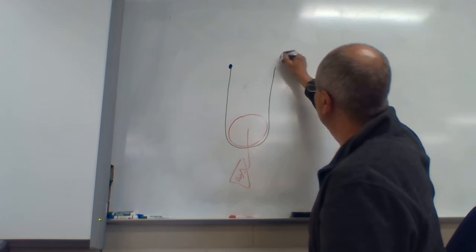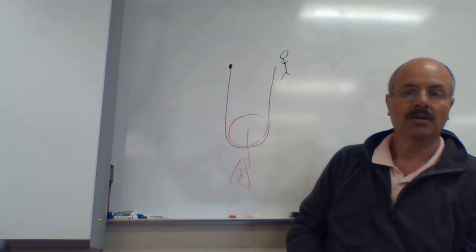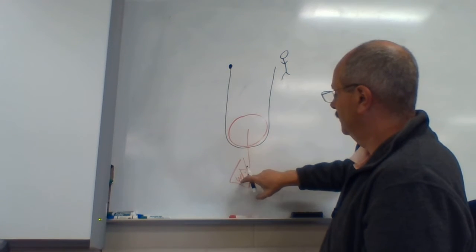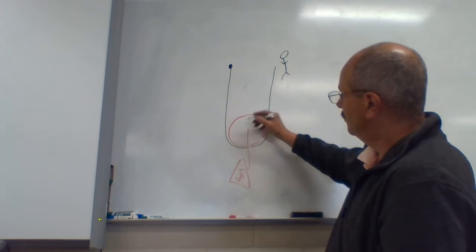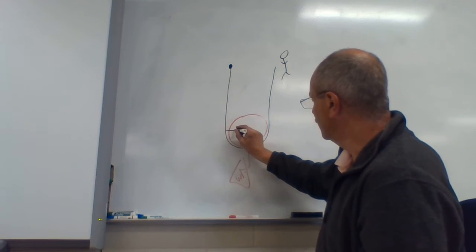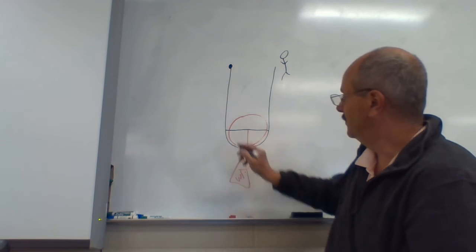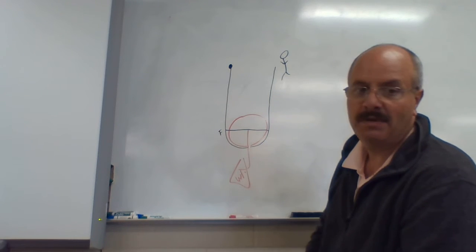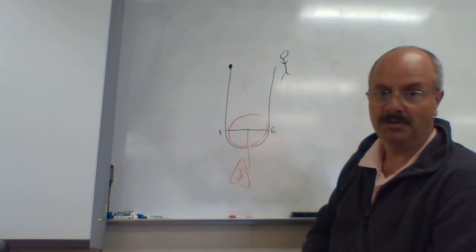And over here is the person pulling up on it, trying to pull this weight up using this pulley. As he pulls this up, again we're going to look at this as a lever. This spot over here is my fulcrum, and this spot over here is me pulling this up.